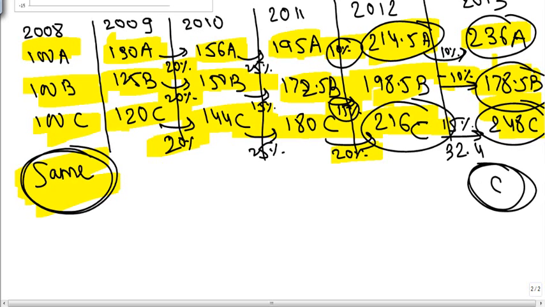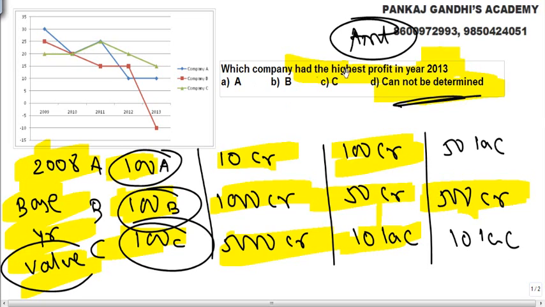C. But that comes only if the starting is the same. Who started with what, we don't know. 108 then 236A. But how much is A? How much is B? How much is C? We don't know. So who had the highest in 13? The answer depends on this. Cannot be determined.